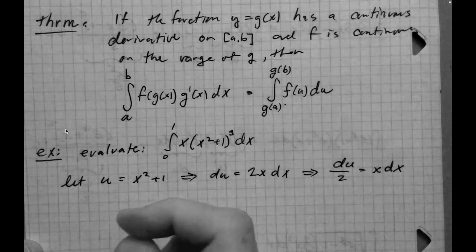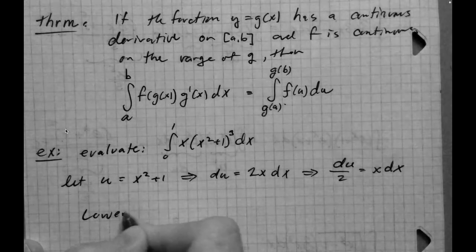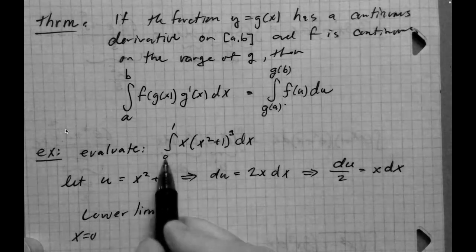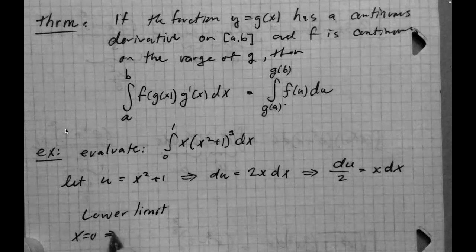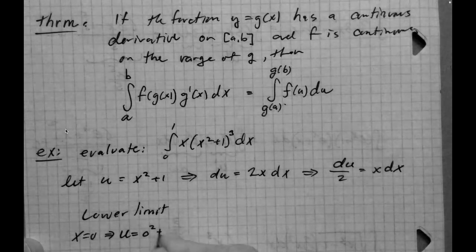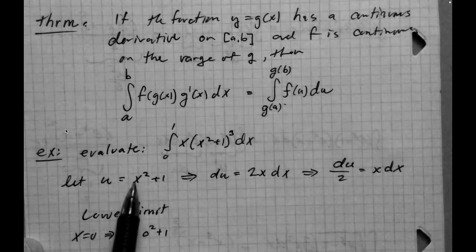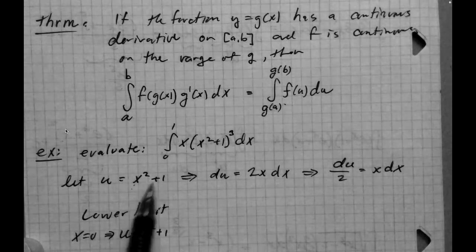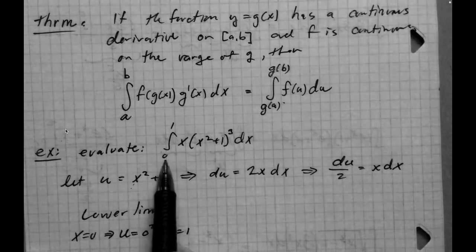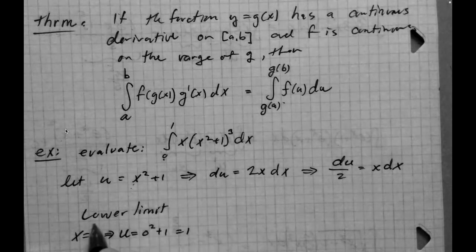So the lower limit: if x is equal to 0, then u would be equal to 0 squared plus 1. So you basically want to plug the lower limit into whatever your u function happens to be. So this lower limit would switch to 1.